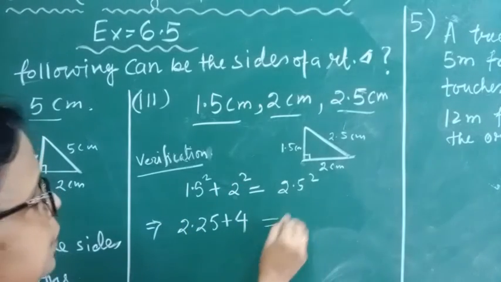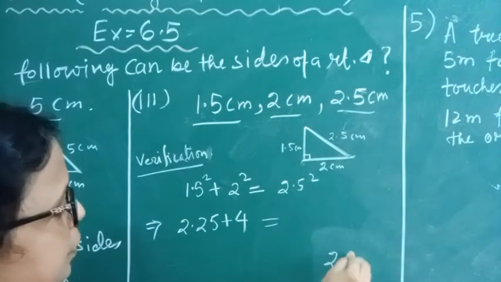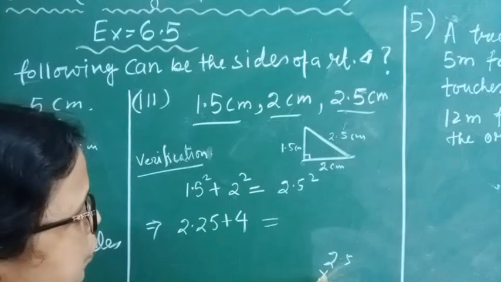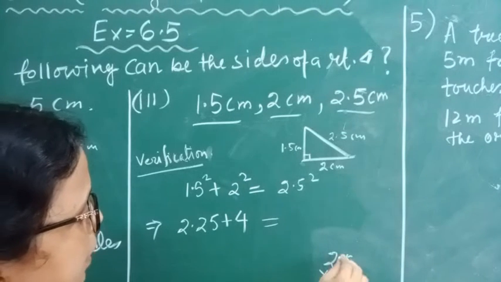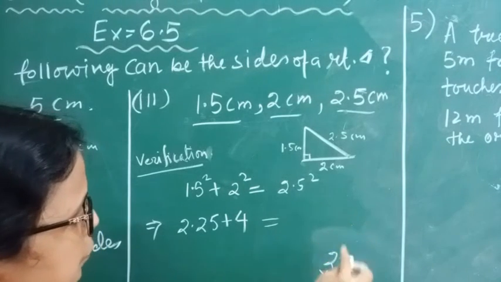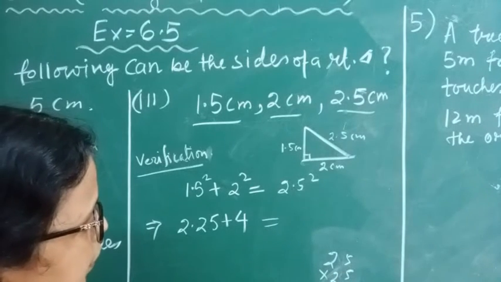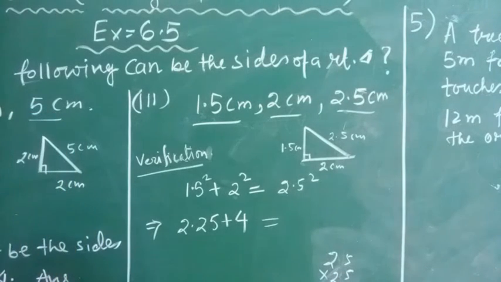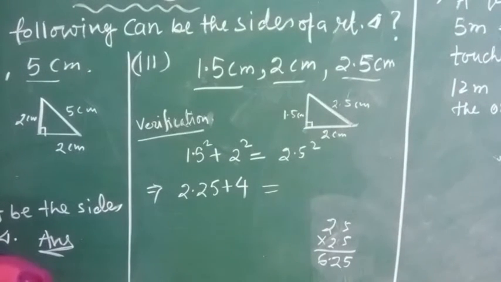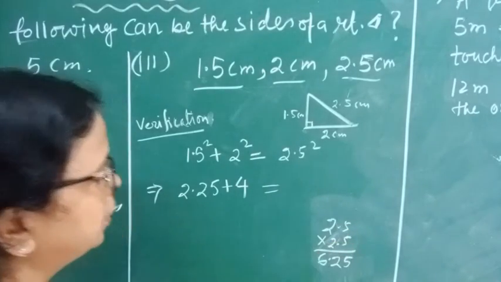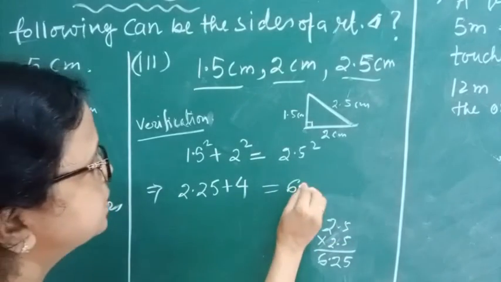Now on this side, 2.5 into 2.5. If you multiply ignoring the point, it will be 625, and the decimal will come after two places. So 2.5 into 2.5 will be 6.25. Okay. So the result is 6.25.